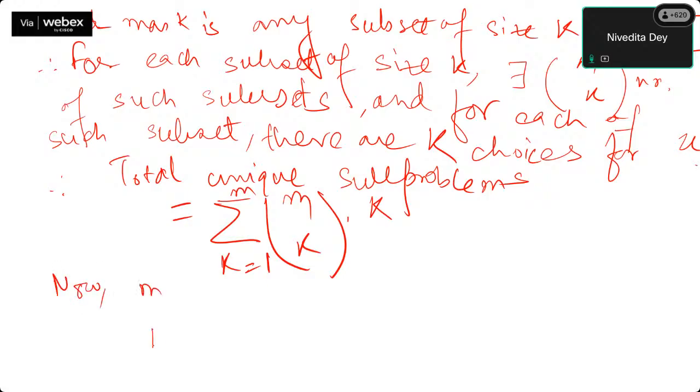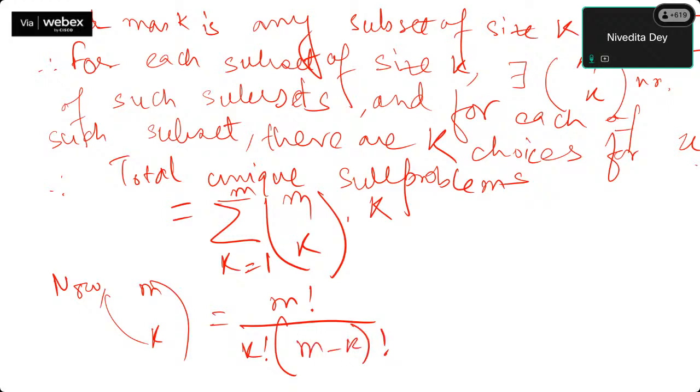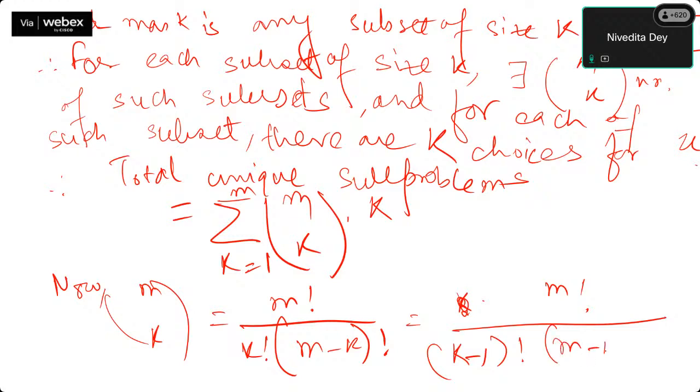Now mCk is nothing but m factorial by k factorial into m minus k factorial. So this can be written as m factorial divided by k minus 1 factorial into m minus k factorial, into k.